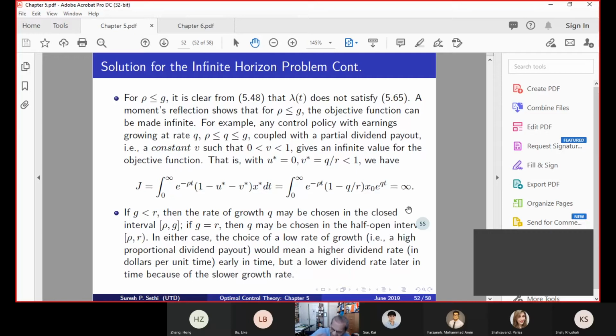You give just a small portion of dividend. This v could be as small as possible as long as it's not 0. It could be 0.000001. It could be 10 to the minus 30. Because it's going to infinity, 10 to the minus 30 times infinity will still become infinity.